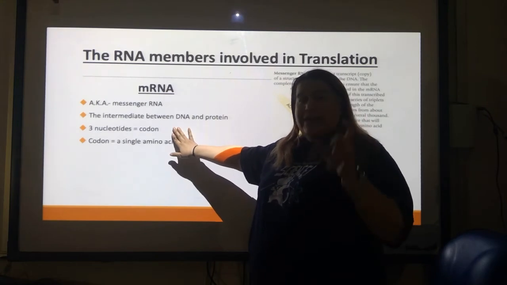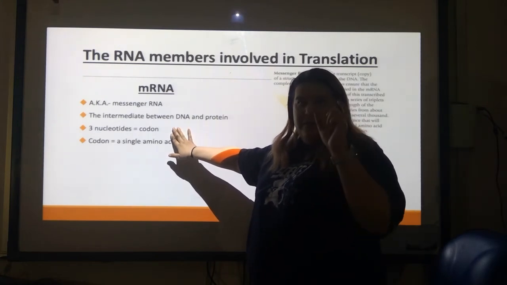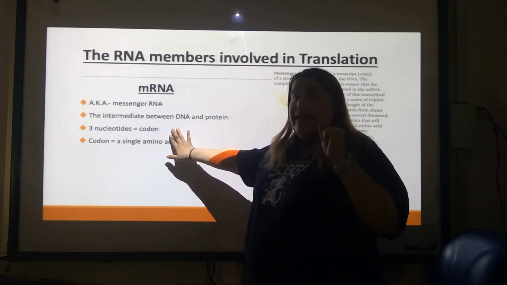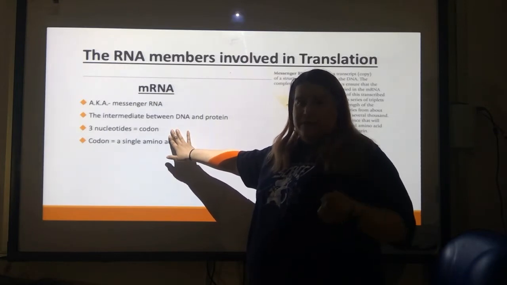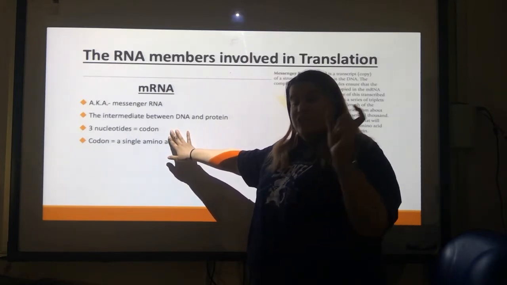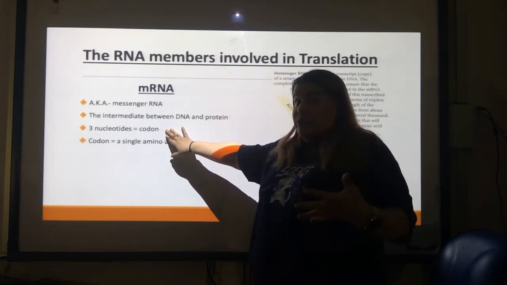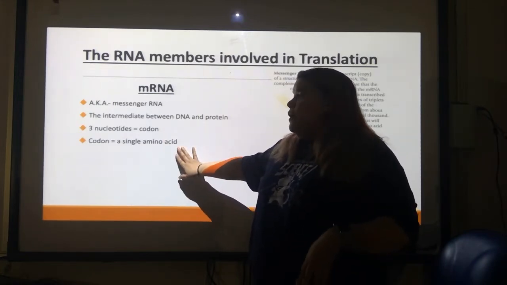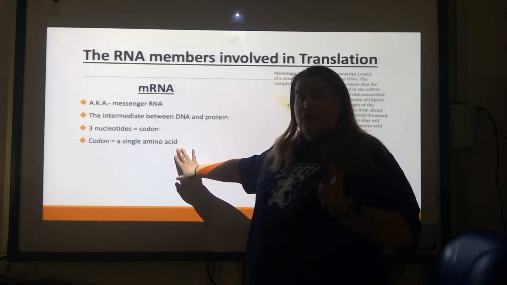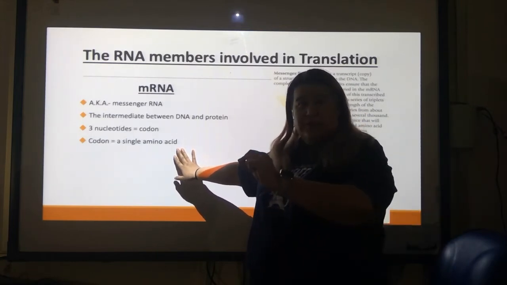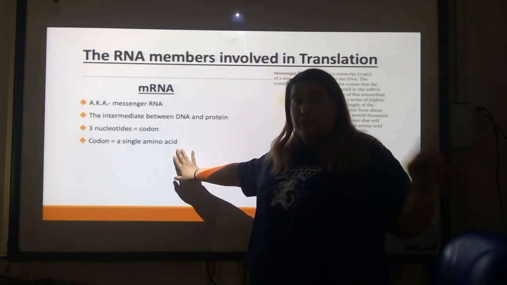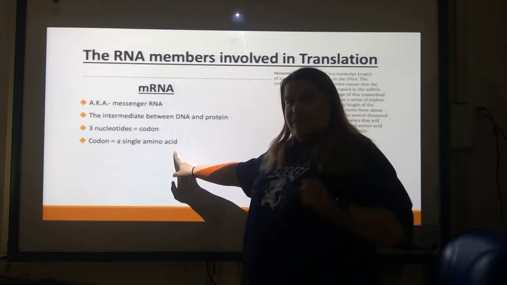Each three-letter sequence of nucleotides is a code for something specific. So we call each three-letter sequence a codon. 3 nucleotides equals a codon. Each codon is a code for start, stop, or a specific amino acid.